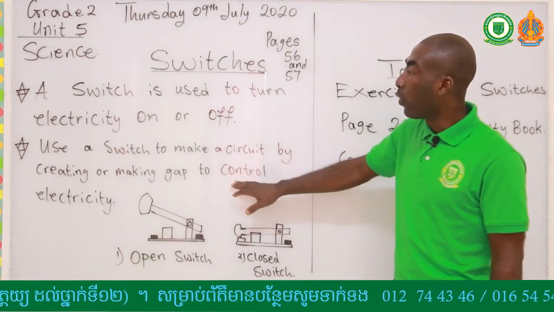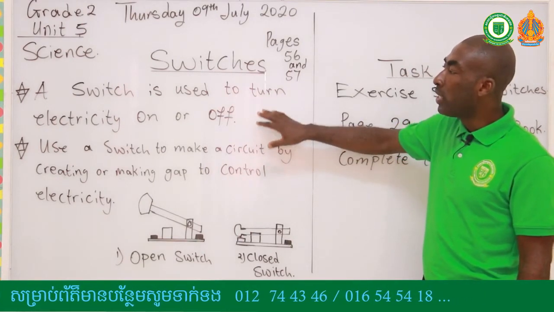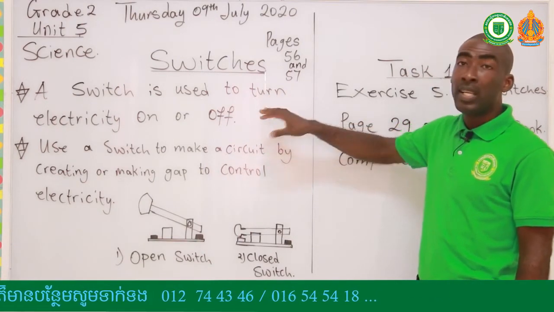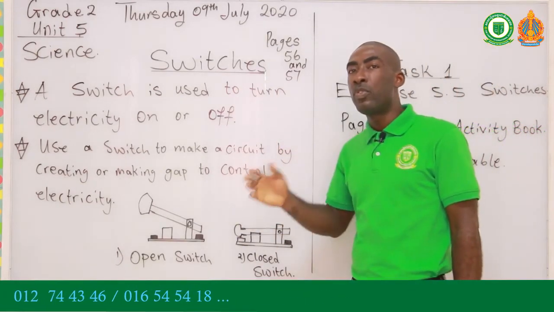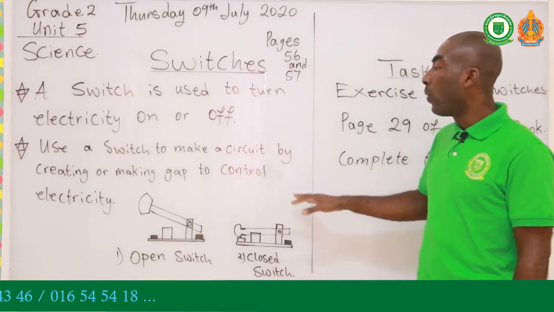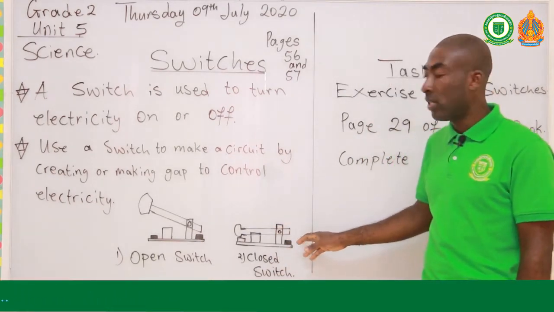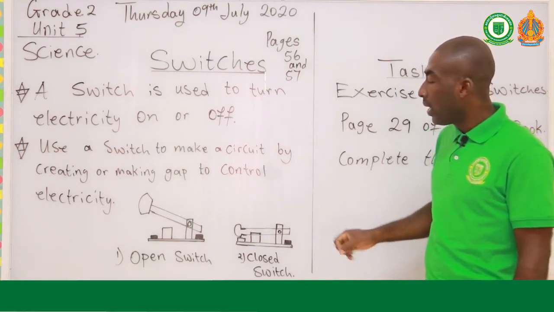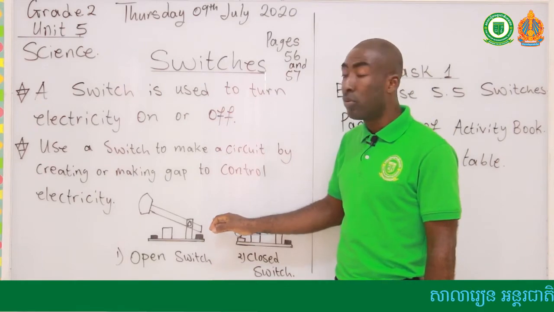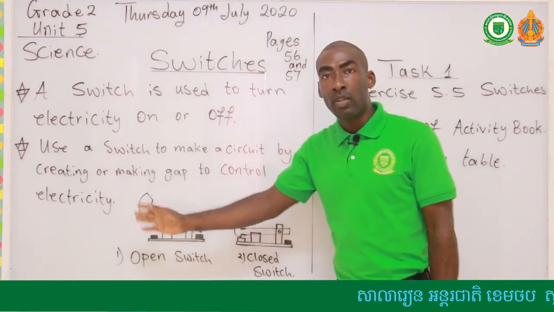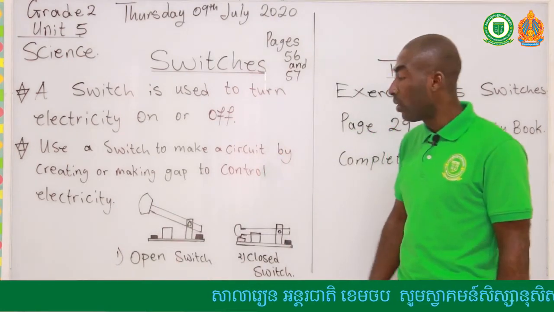This second point is an add-on information to how a switch turns electricity on or off to a device, because when electricity is flowing from the main source or from a cell, it has to cross the switch, and the switch has to supply the electricity to the other side of your circuit, okay?